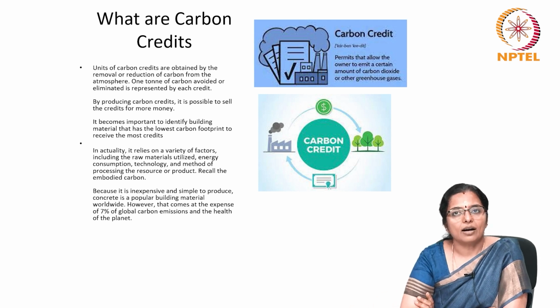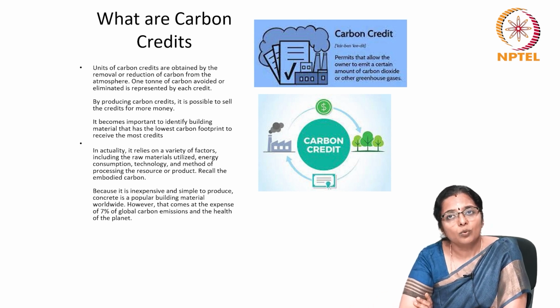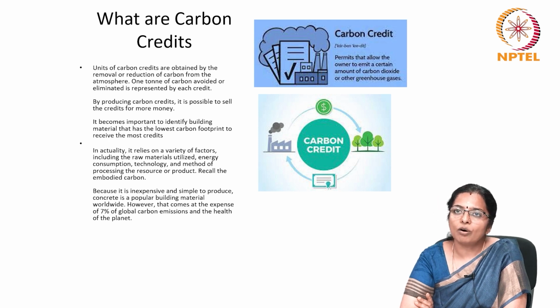So, what are carbon credits? Units of carbon credits are obtained by the removal or reduction of carbon from the atmosphere. 1 ton of carbon avoided or eliminated is represented by each credit. By producing carbon credits, it is possible to sell the credits for money.